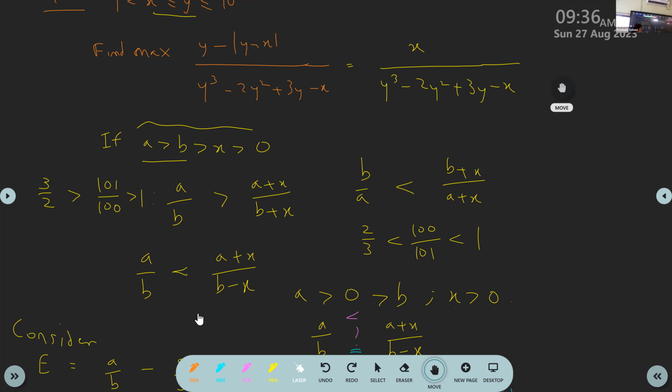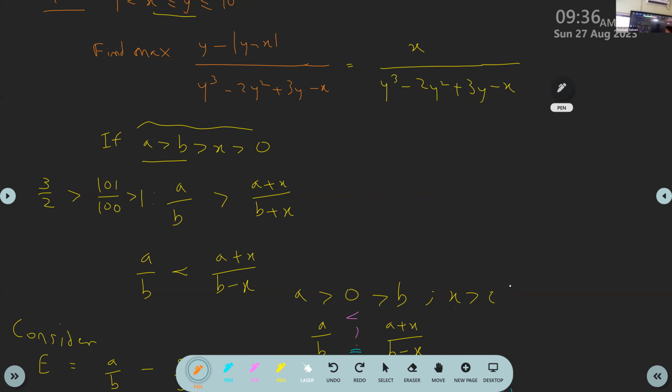Yes, correct. So the observation is that here there is a perfect square lying in this expression, right? Can you see that perfect square? That perfect square can be used to finish the proof. So our claim is that the denominator is positive. That's all that we need to prove here.